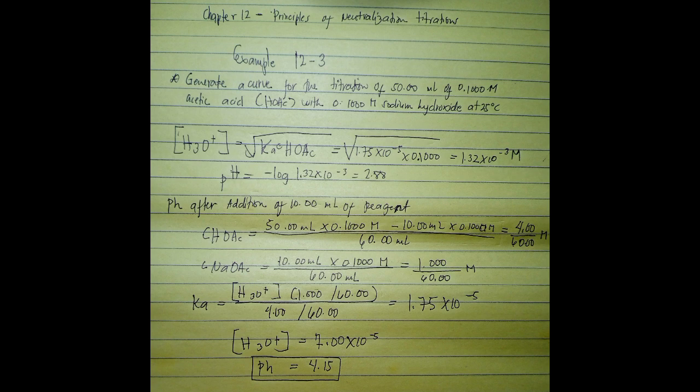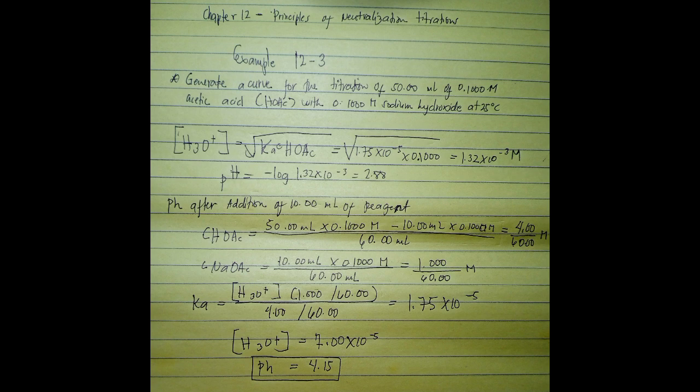So that is the result. The 10 ml times 0.100 M, the result of these two is 1.00. So we separate the 1.00, then copy the 60, which instead of ml, we transform into mole. So we got the answer of 1.00 over 60.00.